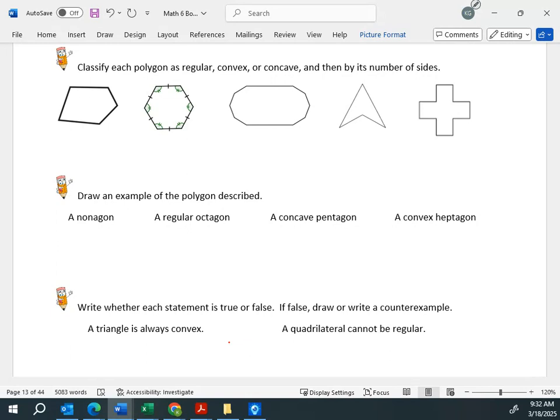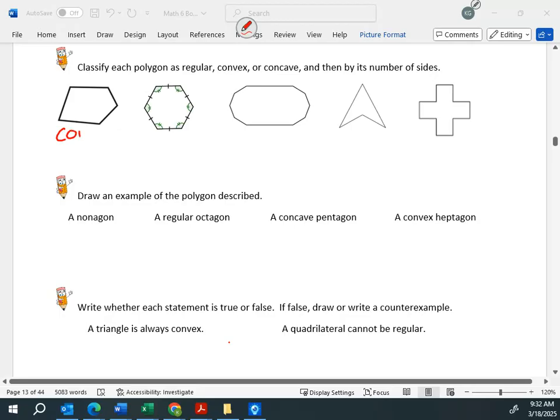Does that first one look regular? Are there notches showing us that sides and angles are congruent? No. Does it look concave? Is there a caved in side? No, there's no cave-ins on this first one. So it must be convex. And then we have to name it by the number of sides.